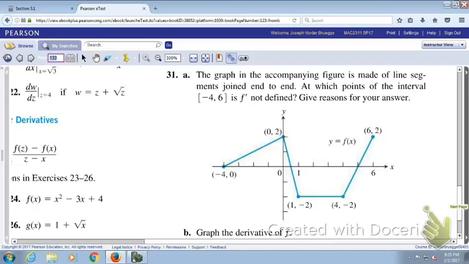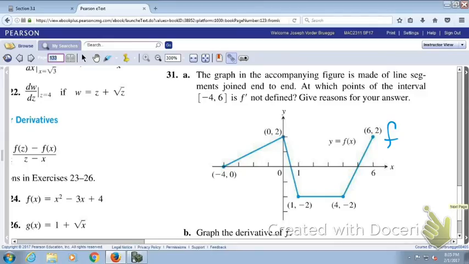What they've given us here is a function f. Now, you guys tell me, what is the domain of this function? -4 to +6 brackets, right?